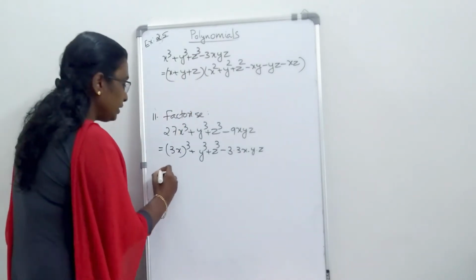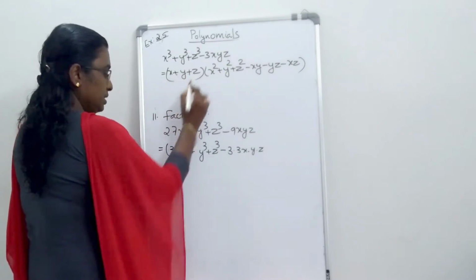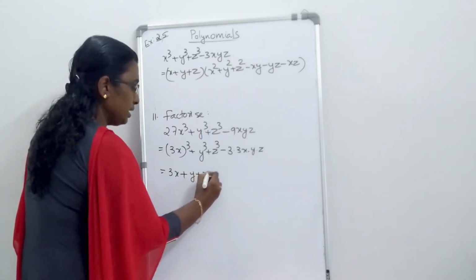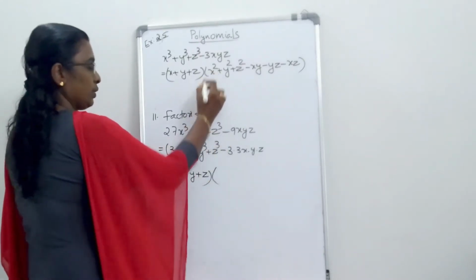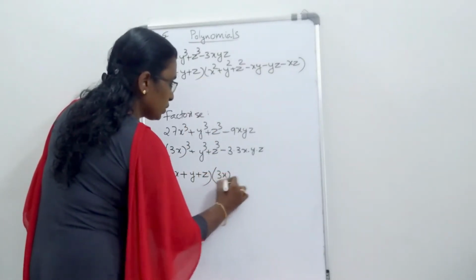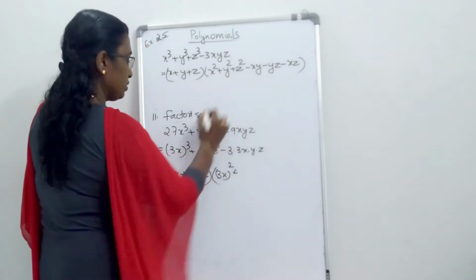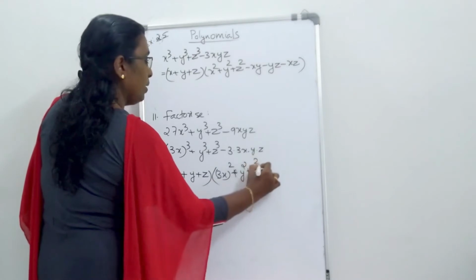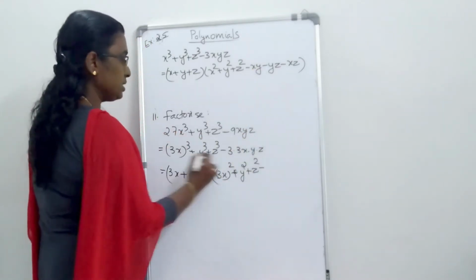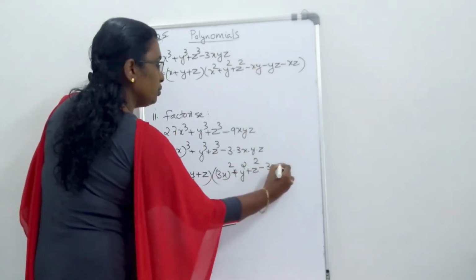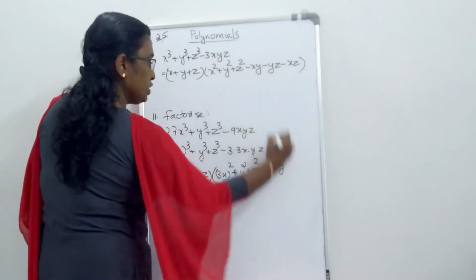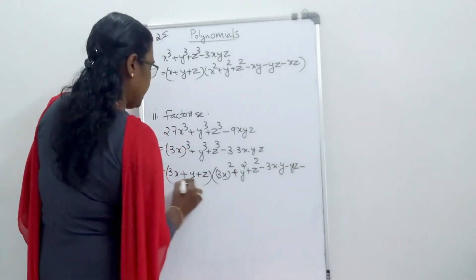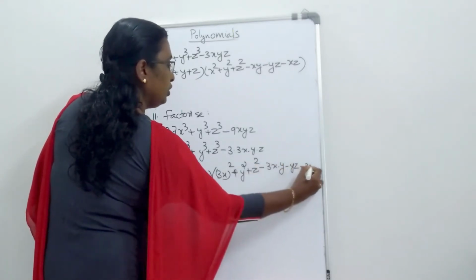So we can write this as x plus y plus z, here x is 3x, into x square, 3x the whole square, plus y square plus z square minus xy, x is 3x, x into y, minus yz, minus xz, x is 3x into z.